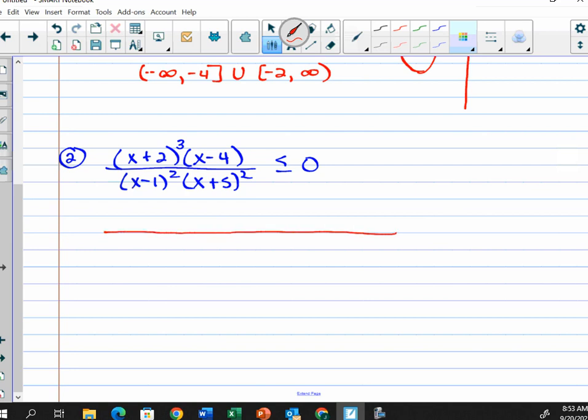So guys, try it for me. It's the exact same thing. You're just plugging into the factors. See if you can figure out where this is less than or equal to 0.